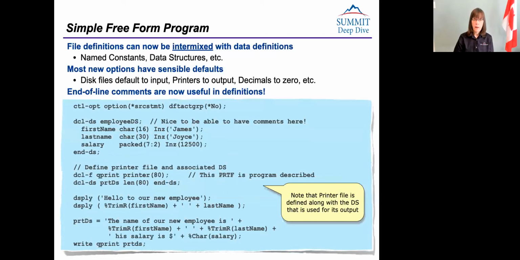So here's a more complete program example. Starting with our control opt, the thing that used to be our HSpec, with some data definitions, in this case data structures, followed by, again, noticing that we can put our file definitions later. And then, of course, we have our freeform logic that follows using all of that data in those files.